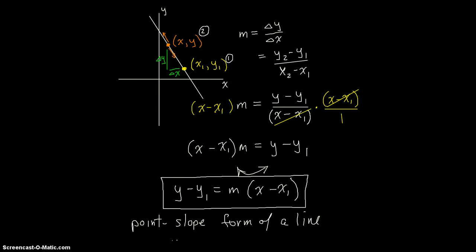So m is the slope. And this point x1, y1, comma, is the point. So we do have a point in math.